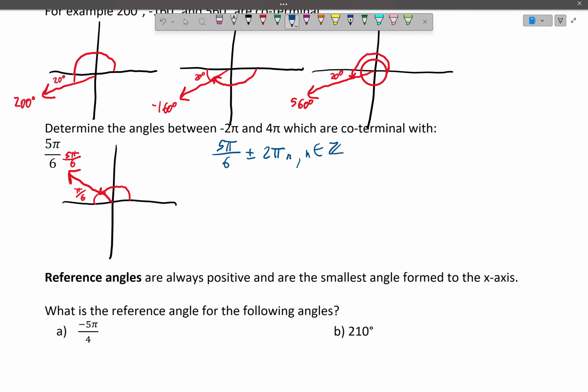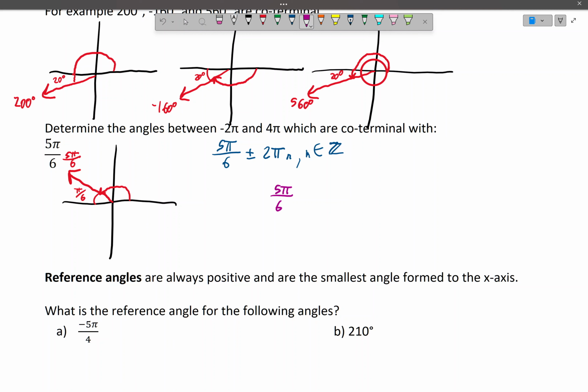So n could be -1, could be +3, it could be any of those values. And so by putting that in, we can over and over again solve for the other options.